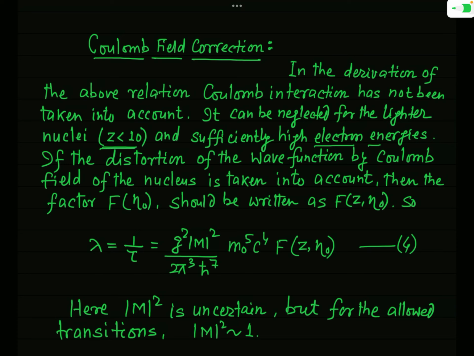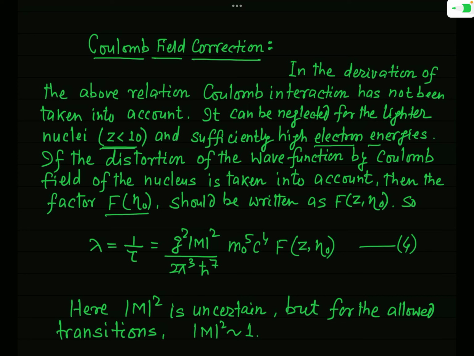And in that condition, the function f, which we have considered till now as just a function of eta naught, will also depend on the atomic number of the nucleus. In fact, when Coulombian interaction is considered, the wave function is distorted. The shape of the wave function will change due to the Coulomb field of the nucleus.